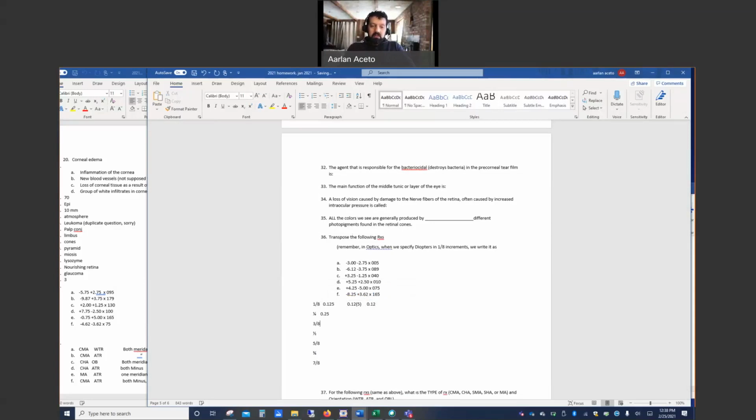This is 0.375, which is 0.37, but we ignore the 5, which is how we write it. 1/2 is 0.5, easy. This is 0.625 or 0.62 with a 5 in parentheses because we're going to drop it. My 0.62 is not 0.62, it's shorthand for 5/8.